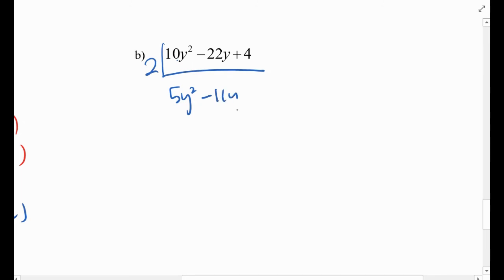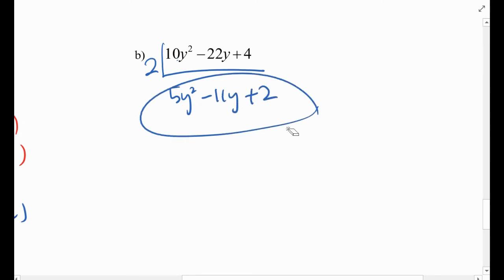Next, okay, look at B. Before we start B, we have to think about if there's any GCF. I see a GCF here. You can factor out 2. And now you're going to use the decomposition method to solve the problem.